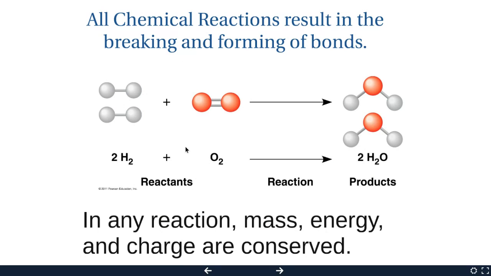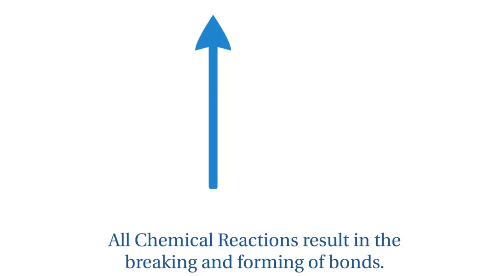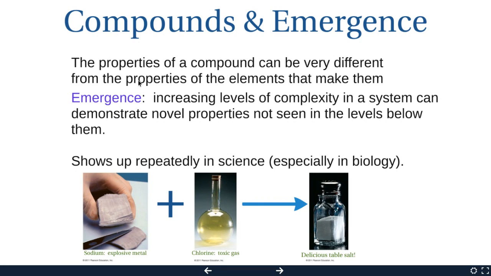Another thing to remember from chemistry: in any reaction, mass, energy, and charge are conserved. They are just shifted, transferred, etc. Again, when we take two small particles and put them together, the larger emerging particle or substance will have different properties, and this is shown with different compounds.